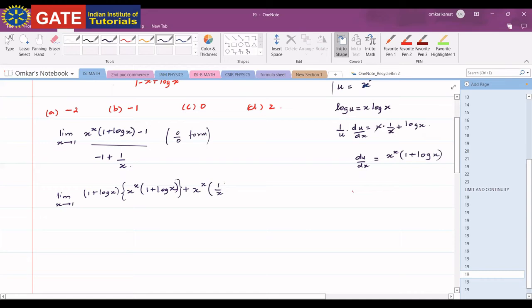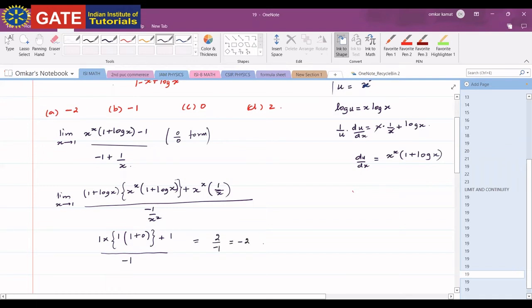Minus 1 differentiation will be 0, divided by minus 1 upon x square. Now as x tends to 1, log x will be 0. So 1 into 1 plus 0, plus 1, okay, 1 into 1, correct, divided by minus 1. So this will be 2 divided by minus 1, which is nothing but minus 2.